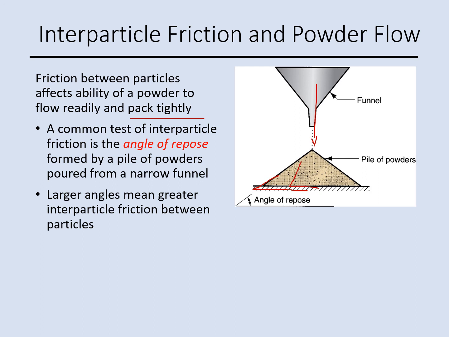If the powder has less friction between particles, it means that you have a smaller angle of repose, or you cannot make the pile very high, so this distance will be short.